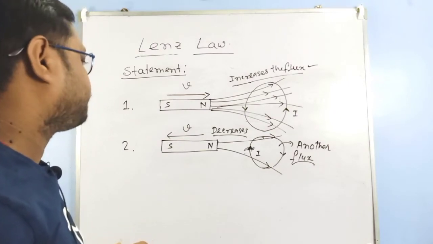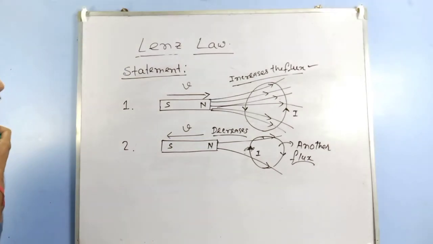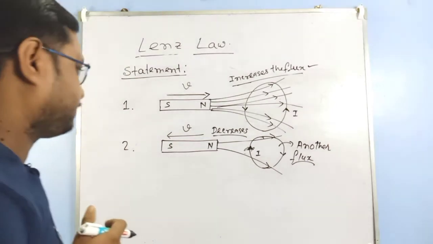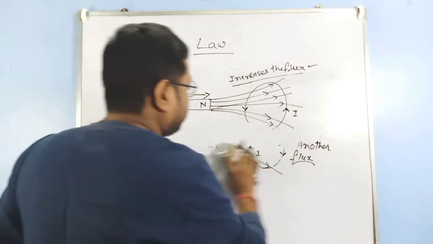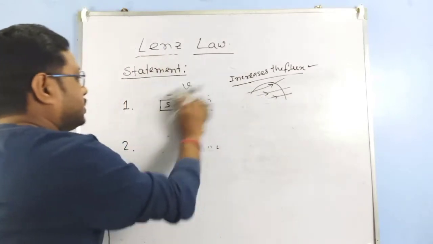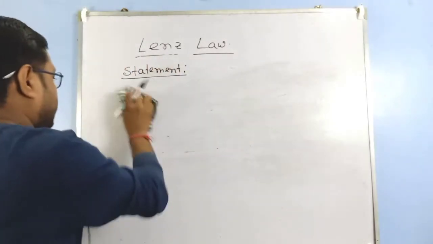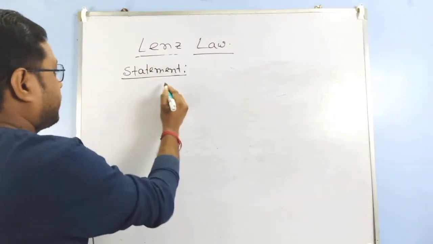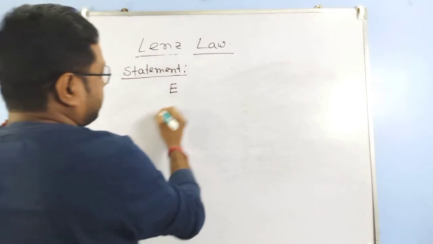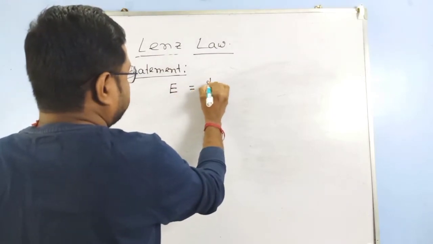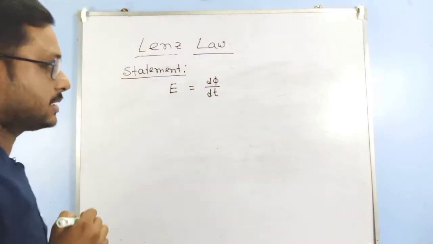Now, what is the mathematical expression of Lenz law? From Faraday's law we can get the magnitude of EMF: E is equal to d phi by dt, the rate of change of magnetic flux.